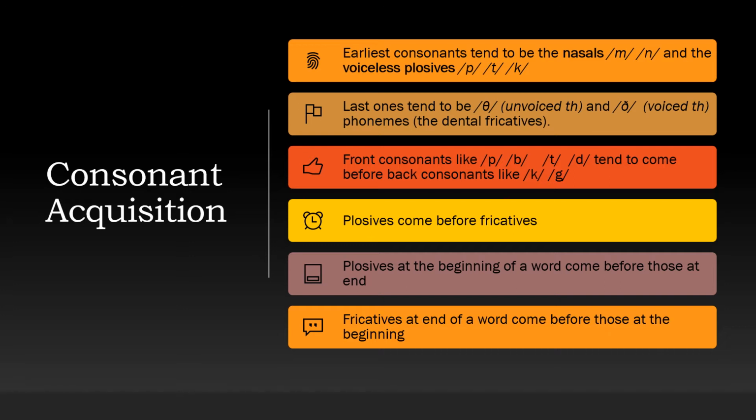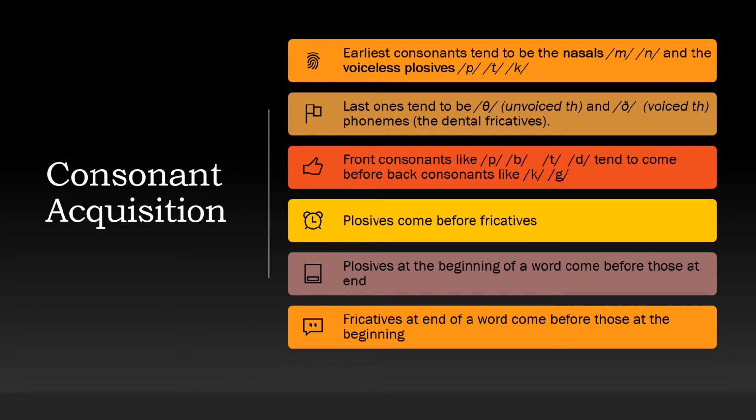Depending on whereabouts in the mouth the tongue is will often tell us what sort of sound it is. P, the bilabial, is two lips together. T is the tongue on the alveolar ridge at the back of the teeth. K is the velar plosive, because the tongue is touching the soft part of the roof of the mouth, which is called the velum.